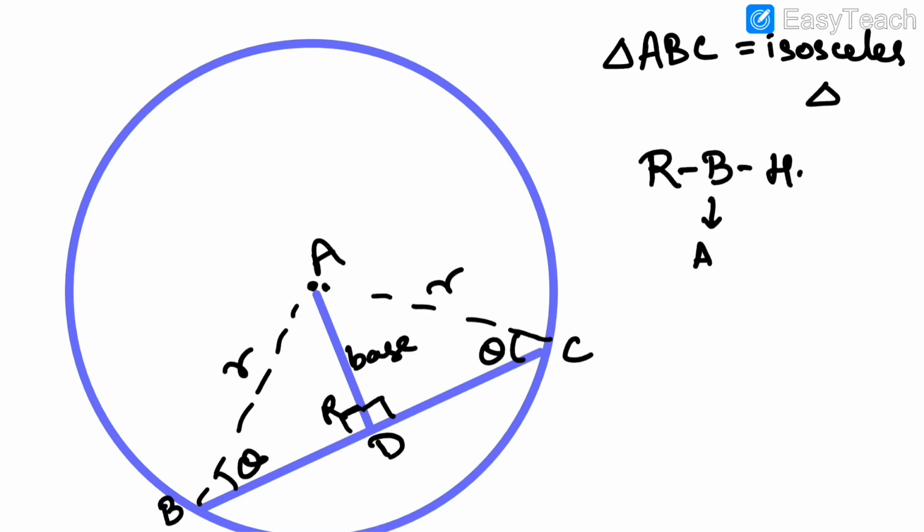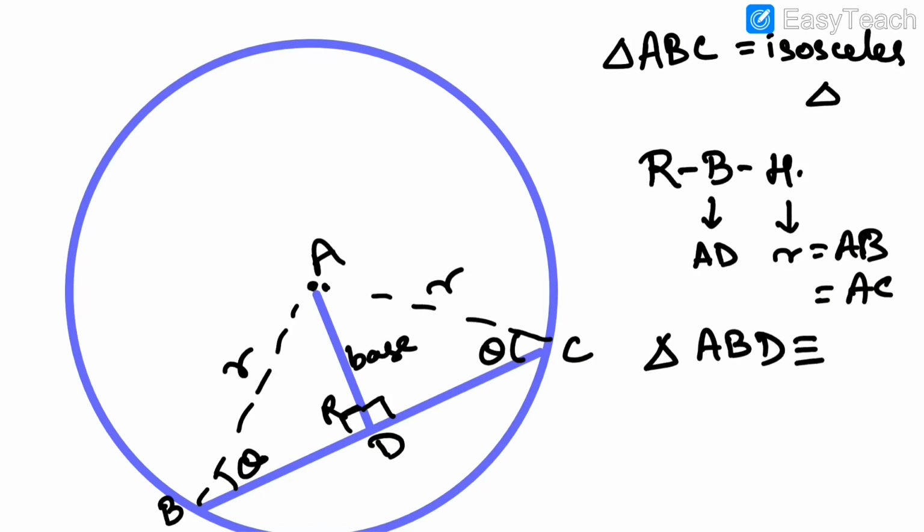Base is AD, which is common to both triangle ABD and ADC. Hypotenuse is the radius of the circle AB and AC, right?